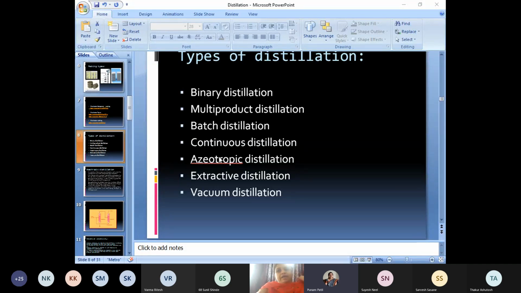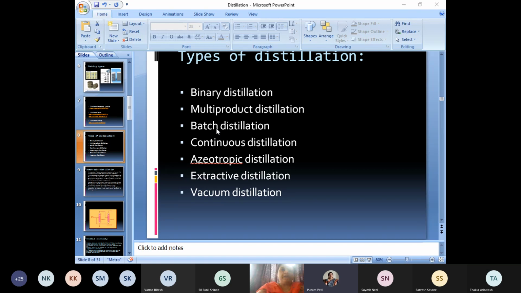Now when it is added at 78.1 degrees, it starts vaporizing. So you will get the vapor, and some portion is falling down, which is in the liquid phase. So in this vapor, the proportion of A and B, as well as in the liquid phase, the proportion of A and B will remain the same.